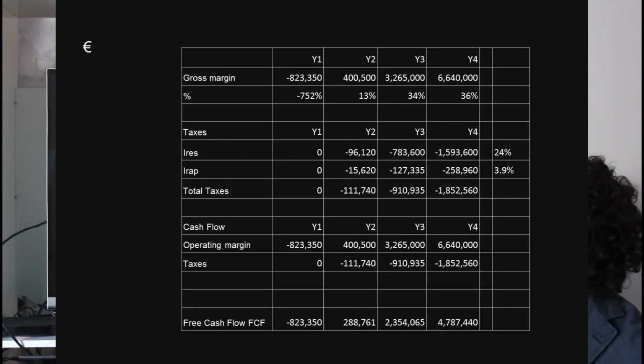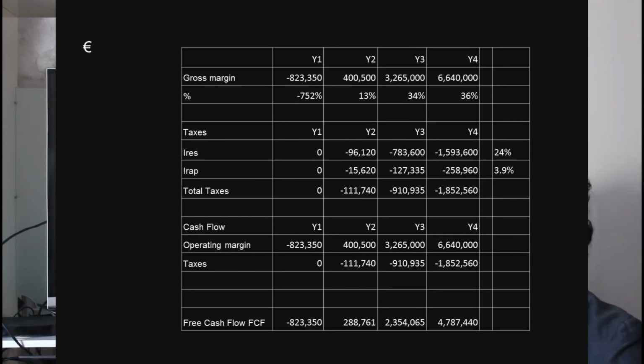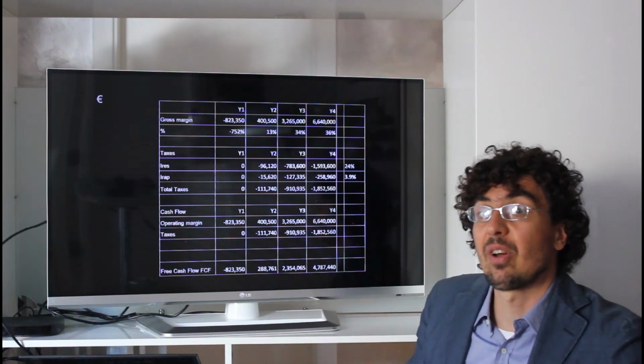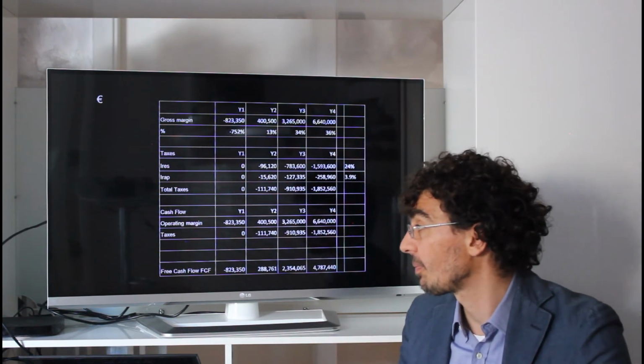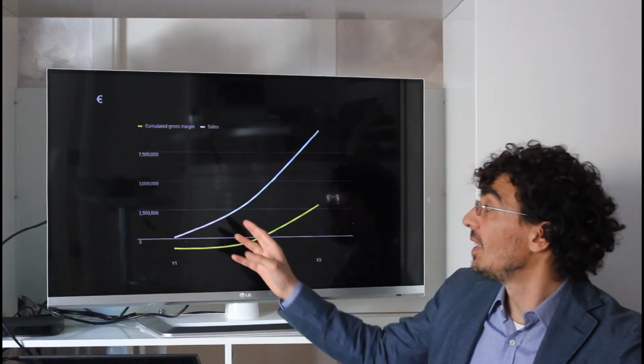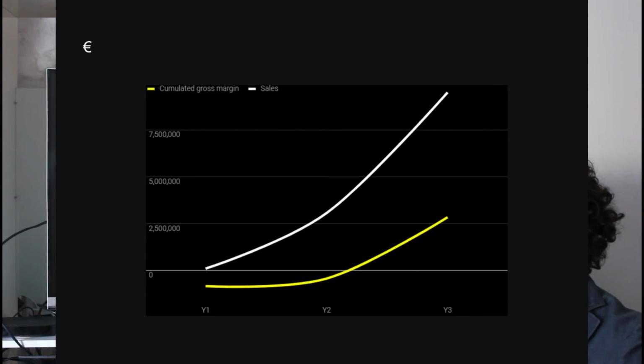But starting from the end of the second year, we recover from that, and the great margin starts to show in the third and fourth year. You can see here how the sales can grow and how the gross margin is negative for a couple of years and then goes up.